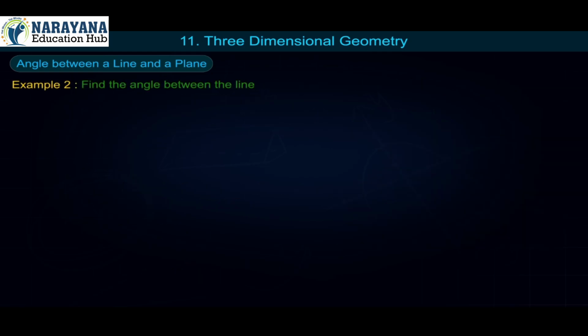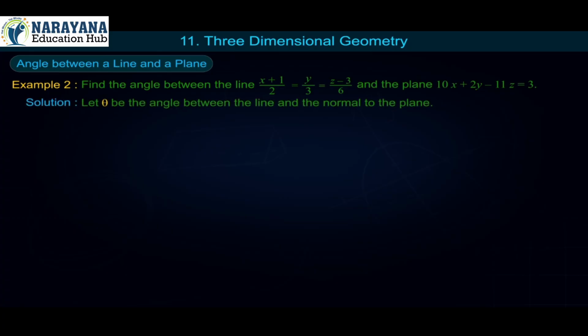Example 2. Find the angle between the line (x + 1)/2 = y/3 = (z − 3)/6 and the plane 10x + 2y − 11z = 3. Solution. Let θ be the angle between the line and the normal to the plane.